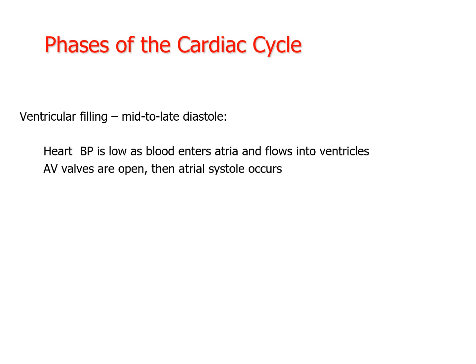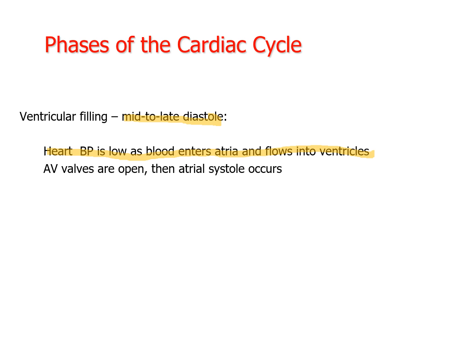Most of the ventricular filling is occurring in mid to late diastole. During that relaxation phase of the cardiac cycle, the blood pressure is quite low, and the blood is entering the atria and flowing down into the ventricles. At that point, AV valves are open so that the blood can flow into the atria and down into the ventricles.